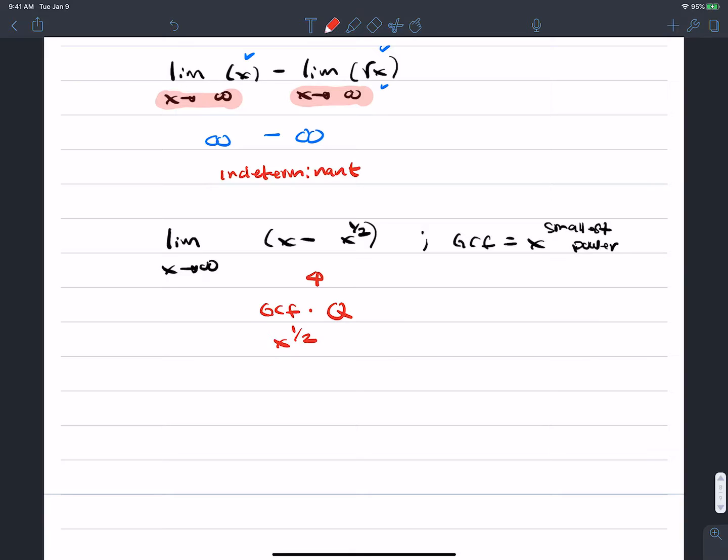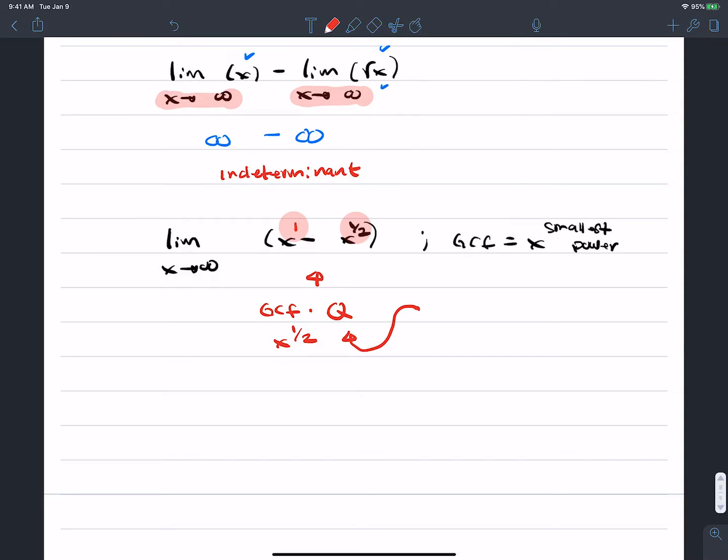Is that true? Now you say, why is it x to the 1/2? Because the powers here, this is a 1 power, this is a 1/2 on the other side. So 1 and 1/2, the smallest power is going to be 1/2. Is that right? So then the question becomes now, how do we find this quotient here? You see this term here, how do we find that?